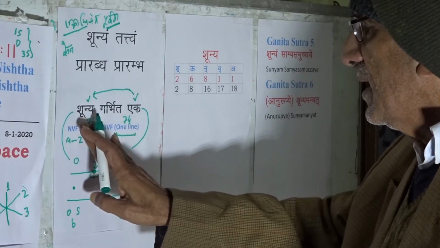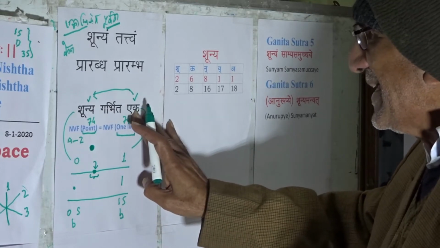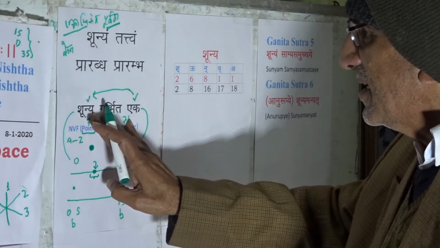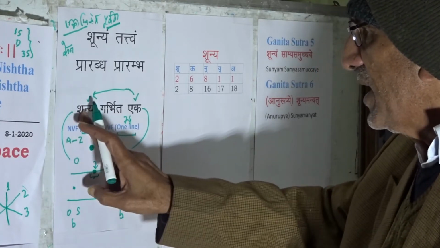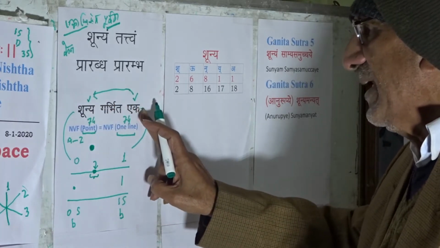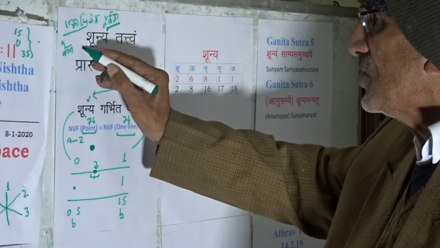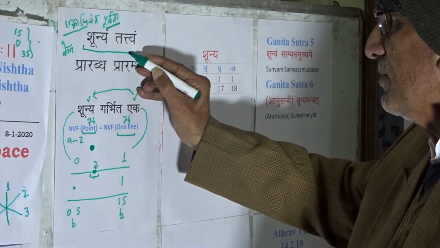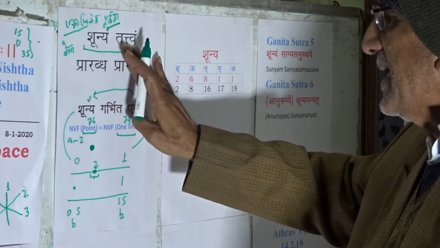So, Shunya Garbhit Eka, one is structured within zero. Point is fulfilled with structure of a line. This as such takes us to Shunyam Tattvam, zero as an element.